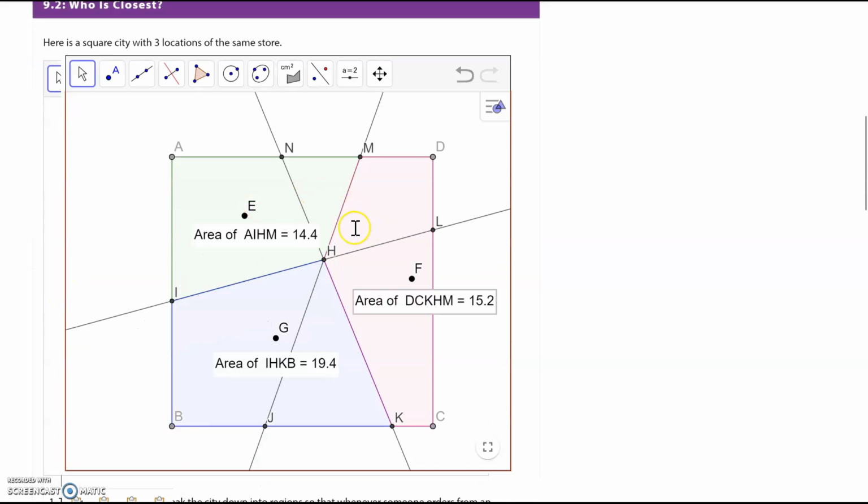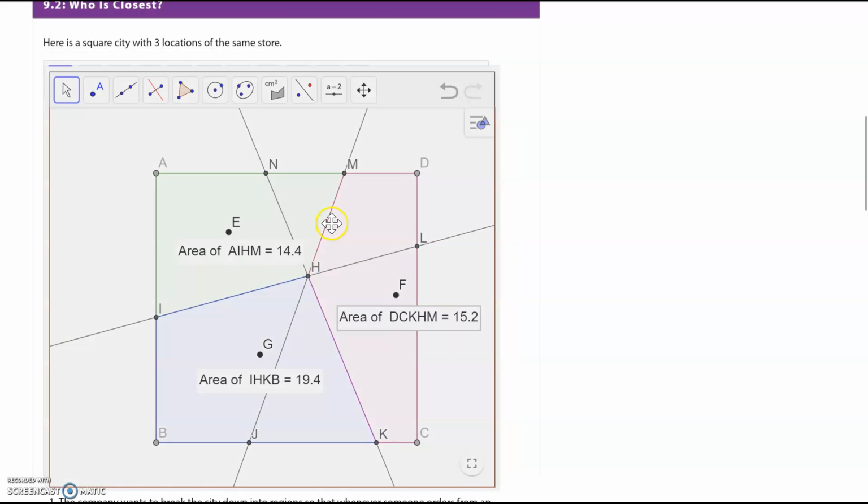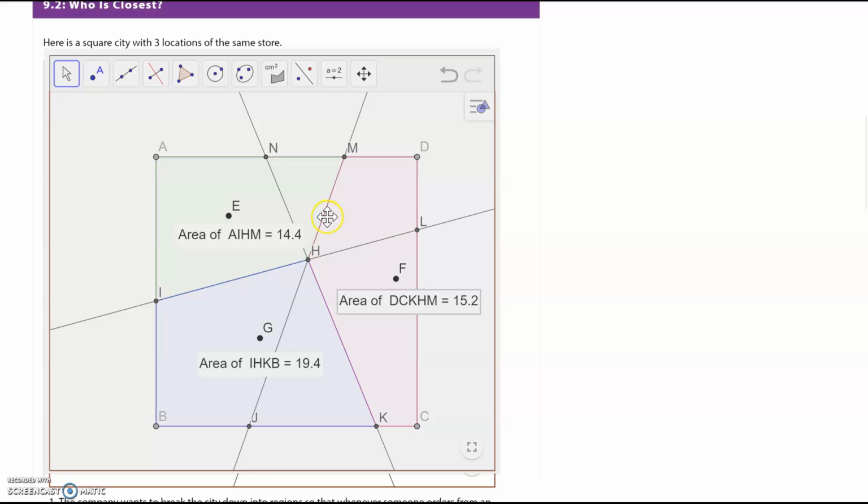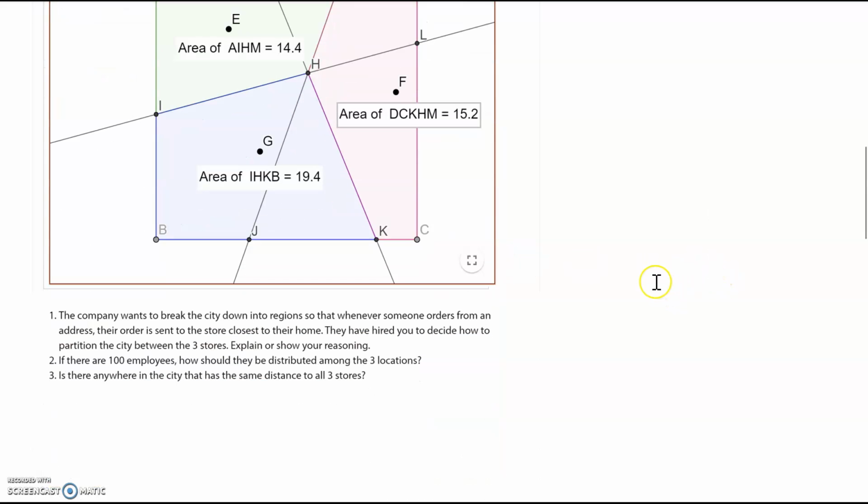Paste it in there. All right. So there we go. Now we can answer the questions. If there are 100 employees, how should they be distributed among the 3 locations?